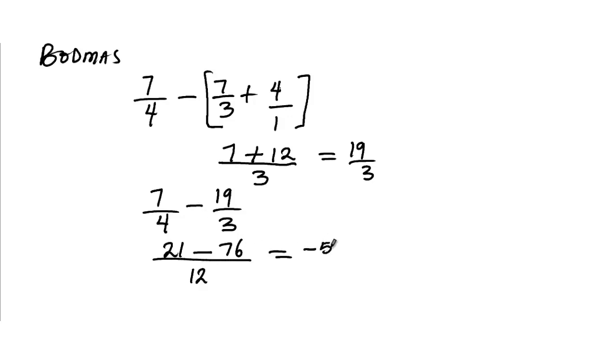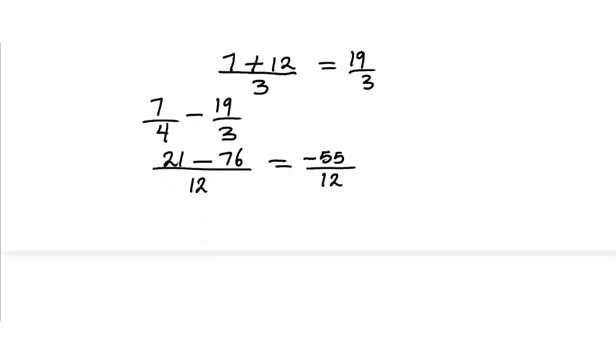This is minus 55 over 12. Now the question is, how many 12s can we see in 55? Now let me do something to make this easy. Let me set aside this minus. I can write this as minus into bracket 55 over 12. So this one will now be minus into bracket 12 and 55.